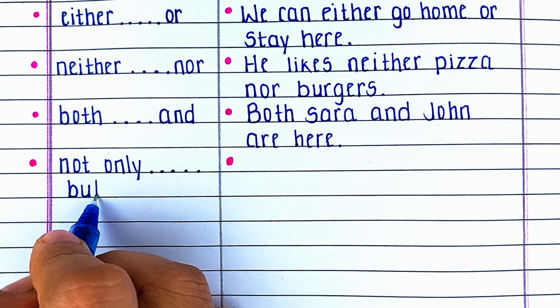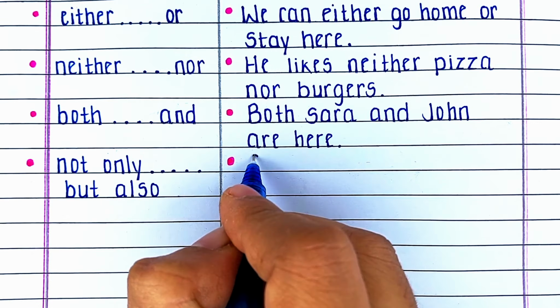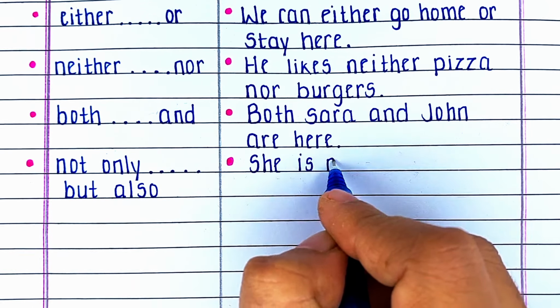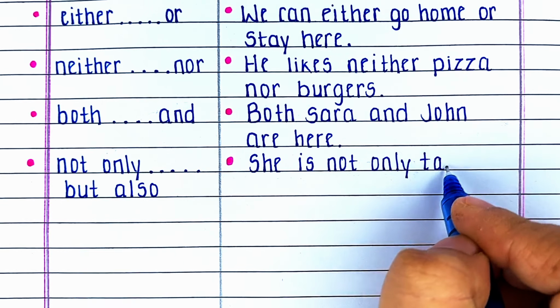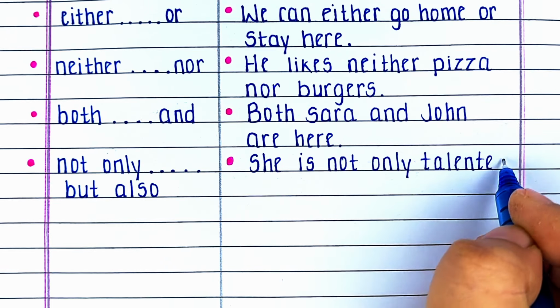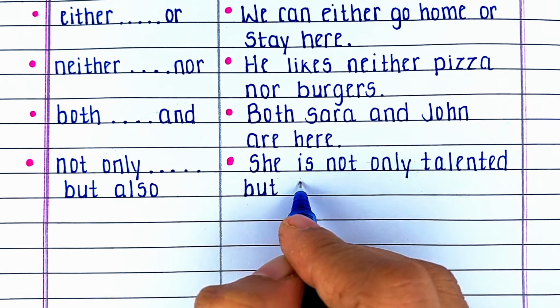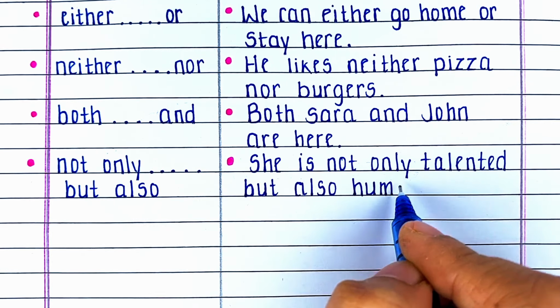Next, not only and but also. Example: She is not only talented but also humble.